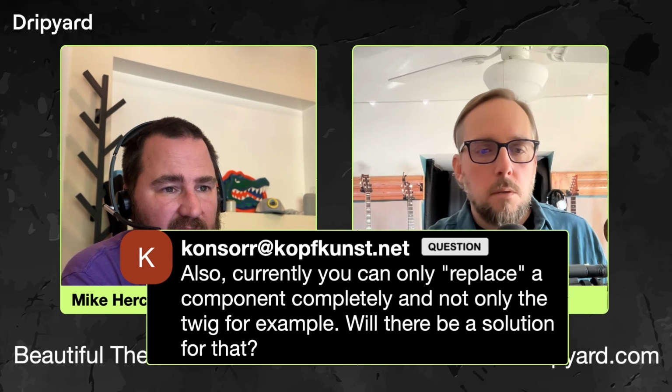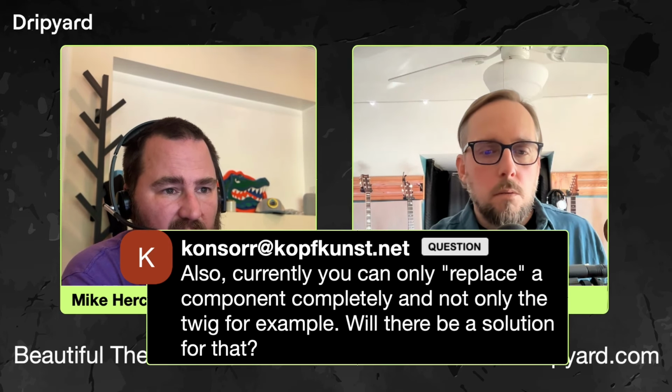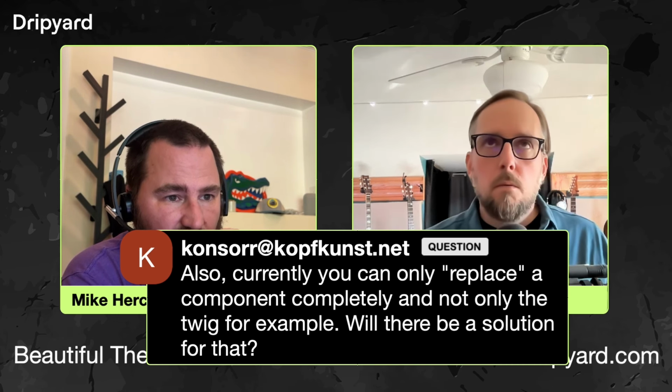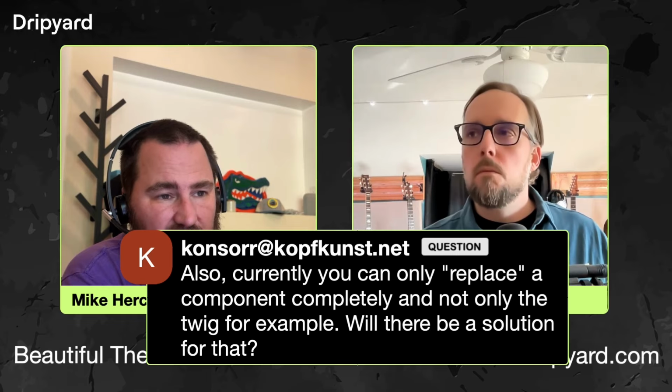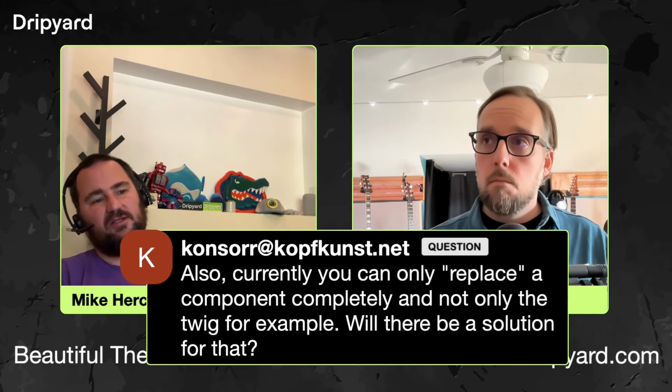Yep, there is. Also, currently you can only replace a component completely and not only the twig, for example. Will there be a solution to that? The answer is probably no, because that was a design decision back in the day. As soon as you have components inheriting other components, they stop being componentized.